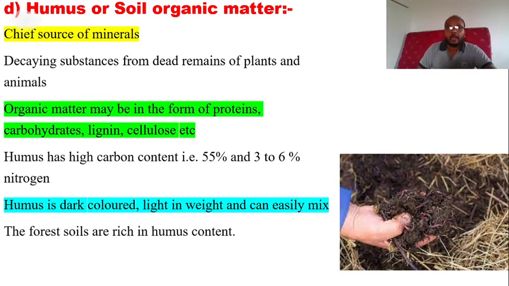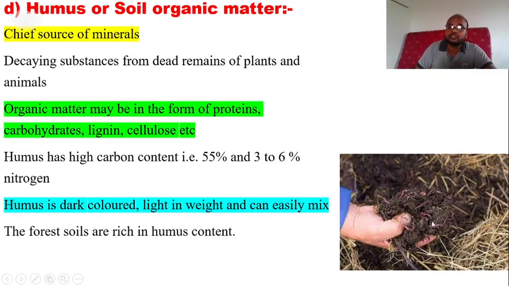The humus provides soil quality. It increases the soil fertility, water holding capacity as well as aeration of the soil. Even the percolation of water is enhanced by the humus. That means humus-rich soil is very valuable, very important for cultivation of important crops.